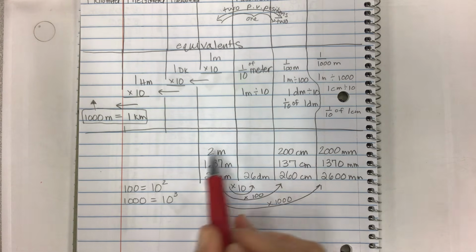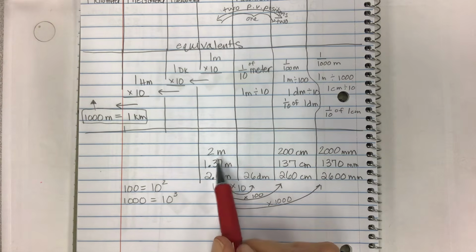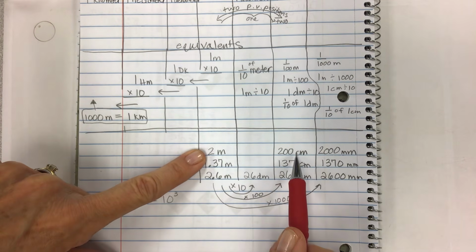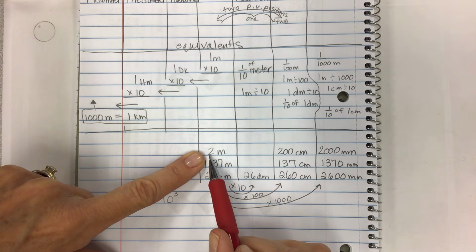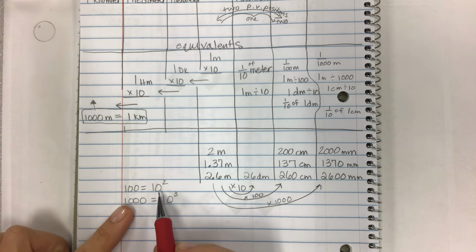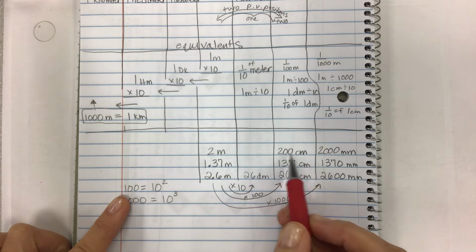This is in the teacher's edition, and usually when we're in class we do this together. So if I was going to take 2 meters, I want to show the equivalent amount in centimeters. Because we're working with exponents in this video, you won't really be allowed to put 2 times 100 equals 200 centimeters.